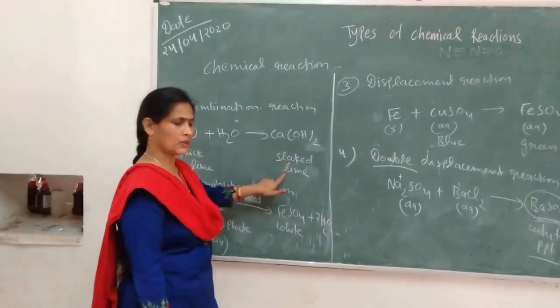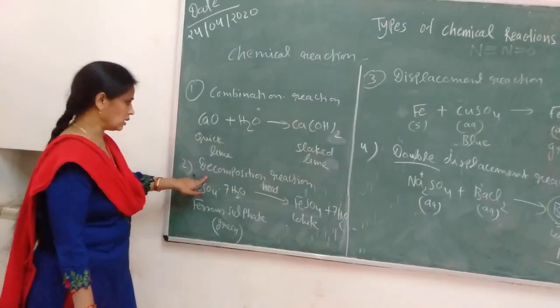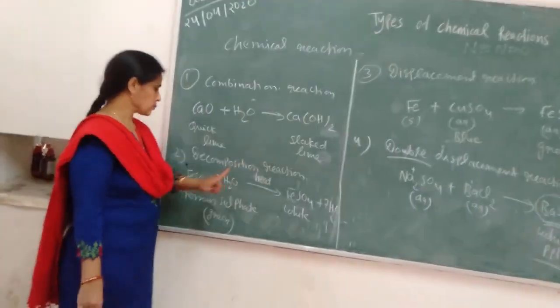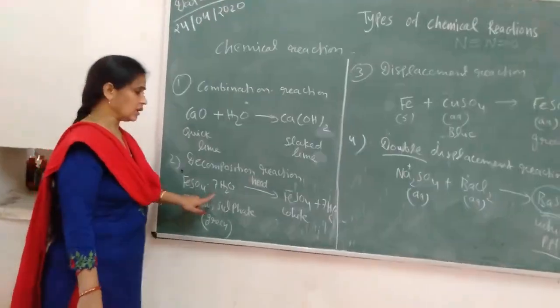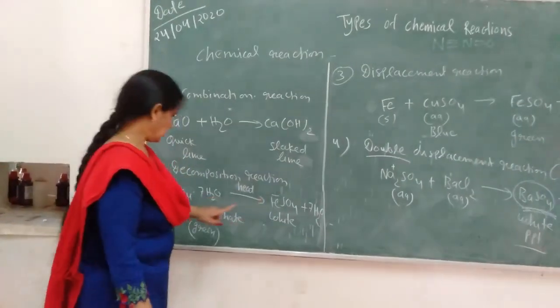This is quicklime. The next type of reaction is decomposition reaction. In this type of reaction, a single reactant breaks down into two or more products. This is the example.